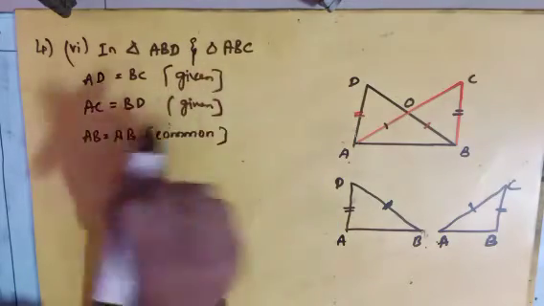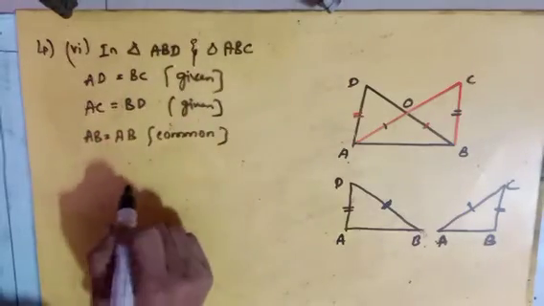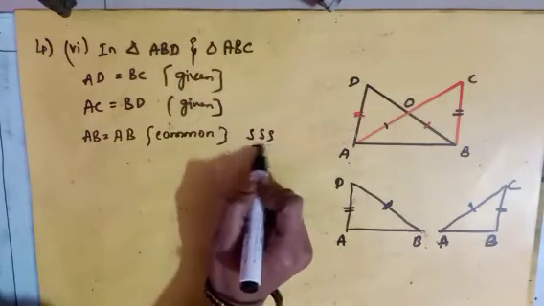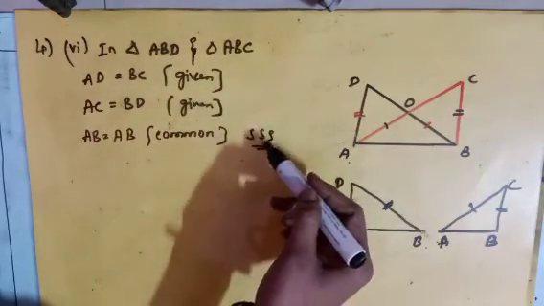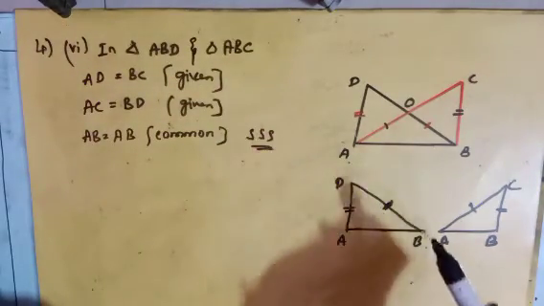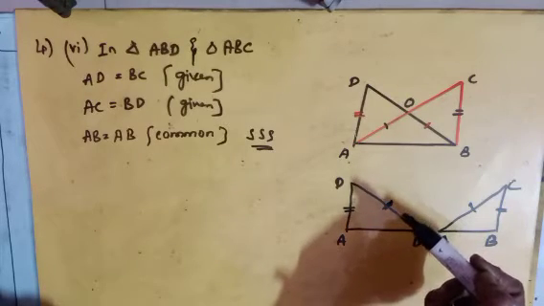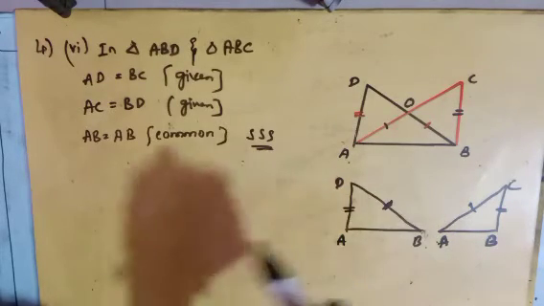So both the triangles are congruent according to SSS congruency condition. But the question they ask is to prove according to SAS congruency.